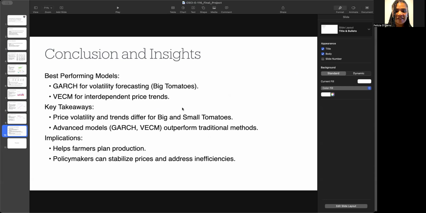As far as the advanced models, I noticed that they outperform the traditional methods, which gives me the confidence to say that I built a framework that could potentially help farmers plan their production and give policymakers the ability to stabilize the prices and address some of the inefficiencies.